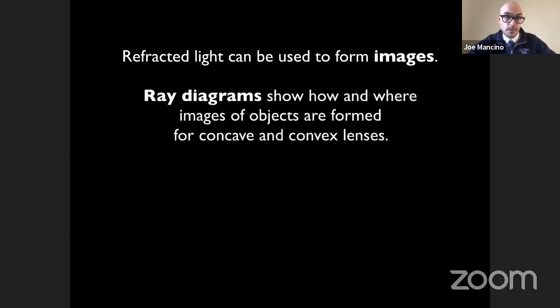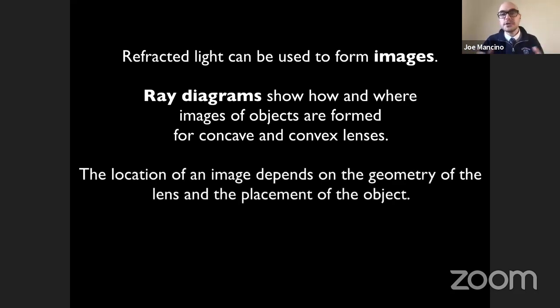Refracted light, that's light bent through a material. Light that follows the law of refraction, that follows Snell's law, can be used to form images. We'll talk a little bit later about ray diagrams, tracing light as it travels before hitting a lens and then after going through a lens. They can show how and where images of objects are formed.